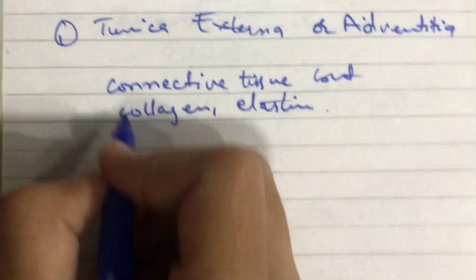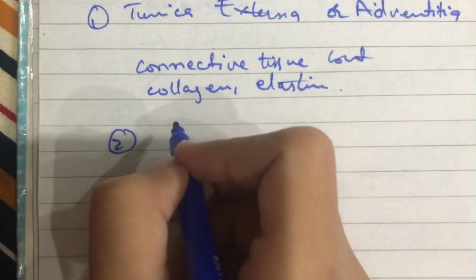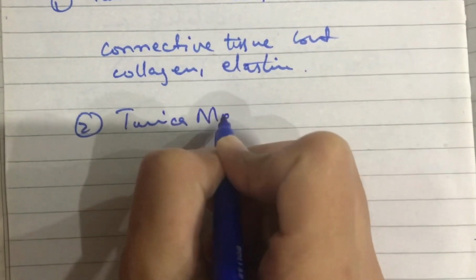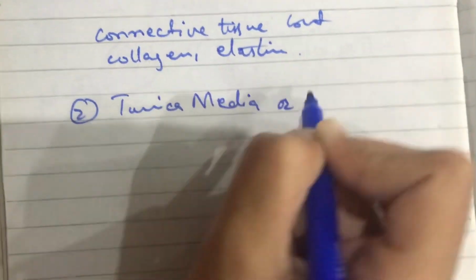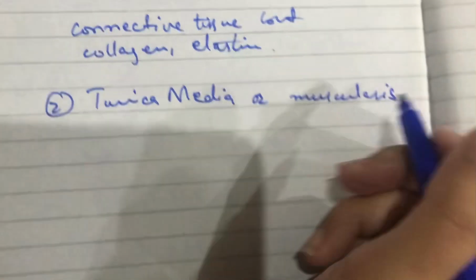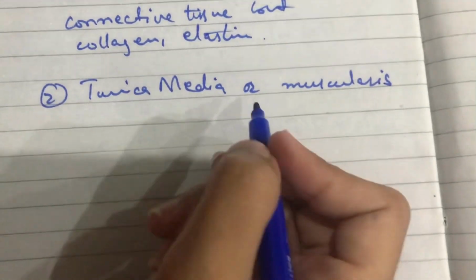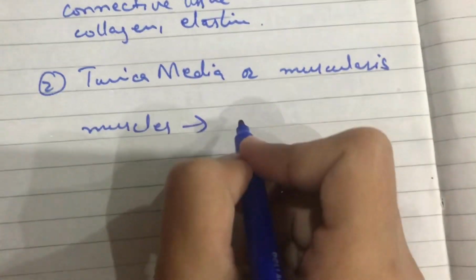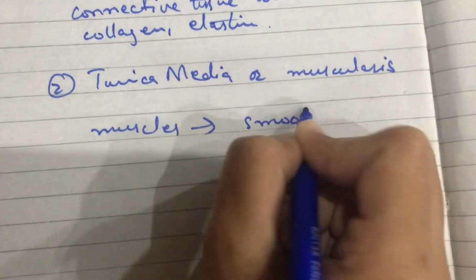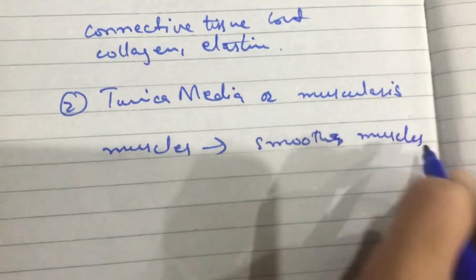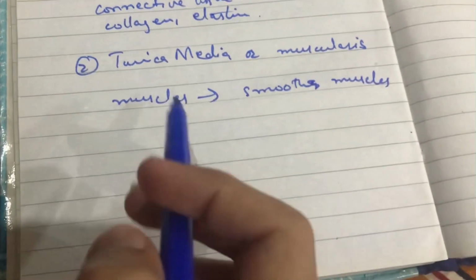And number two, we are having tunica media or muscularis. So it is made up of muscles, and it is made up of smooth muscles which is involuntary in nature, and it is single nucleated. They are having no branches.